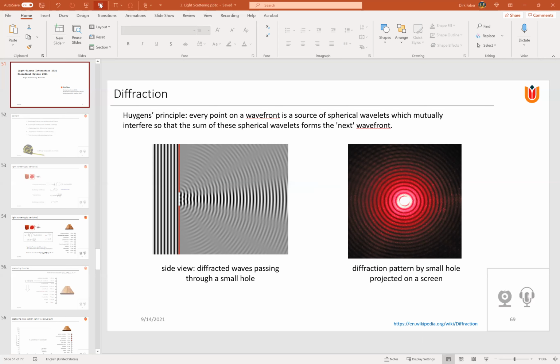You will see a redirection of the light surrounding that hole. Each point in that hole will start as a new light source that will emanate a spherical wave, and all these spherical waves will interfere and form the next wavefront, and you will get this beautiful interference phenomenon. If you project that on a screen, for example, for a laser passing through a small hole, you would see something like this.